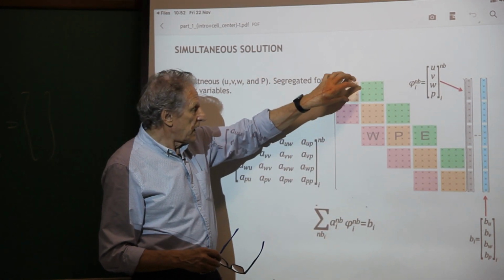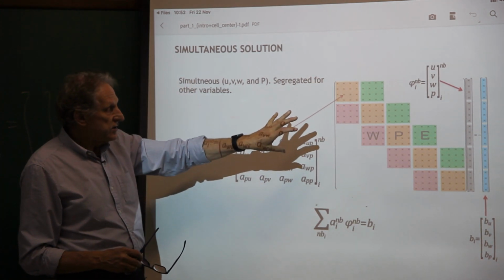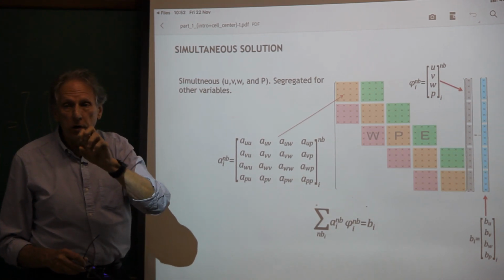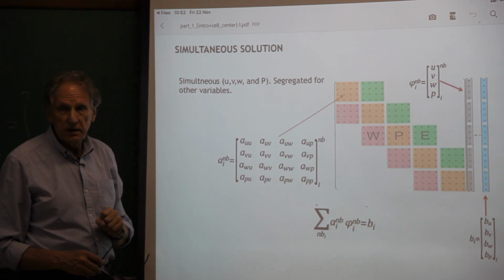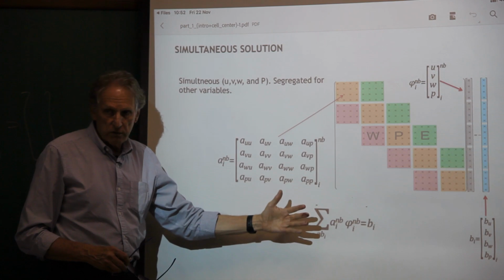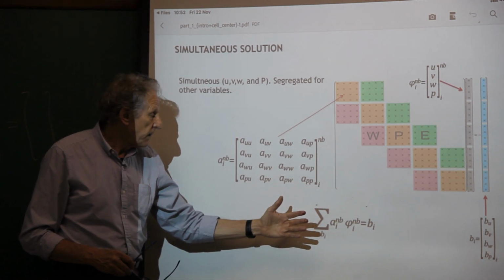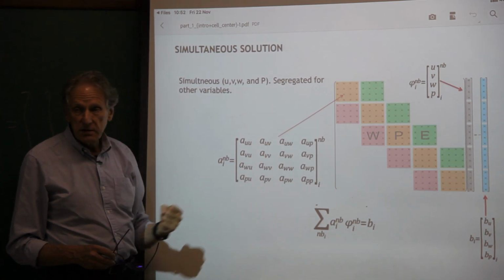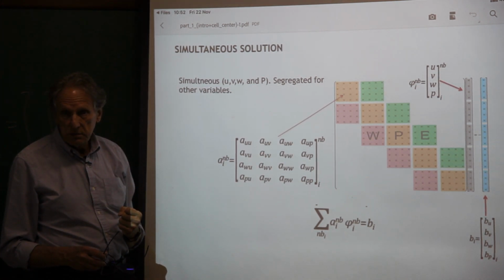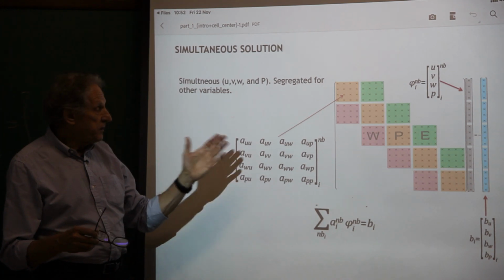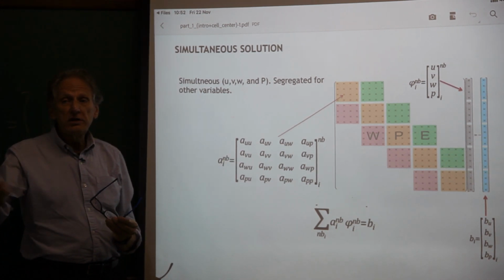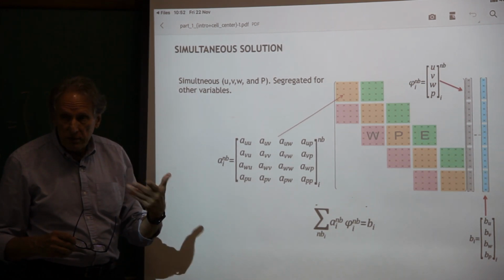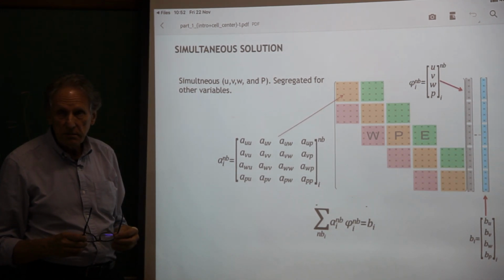So the entries of this matrix are 4 by 4 matrices, because I'm trying to solve everything together simultaneously. What I want is all these numbers not zero, because if it's zero, especially on the diagonal, it will give you problems for solving my linear system.